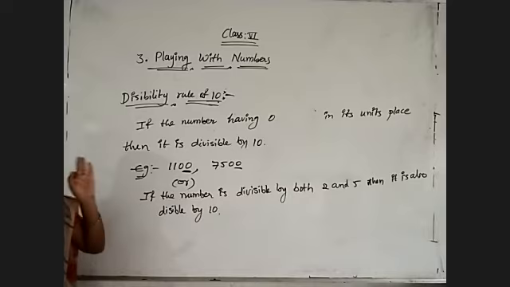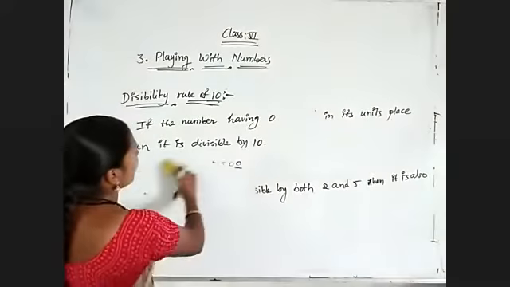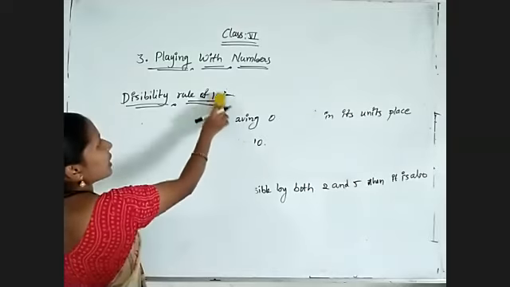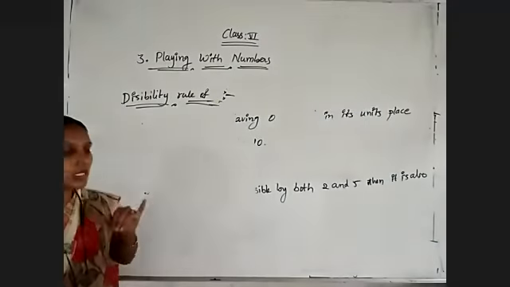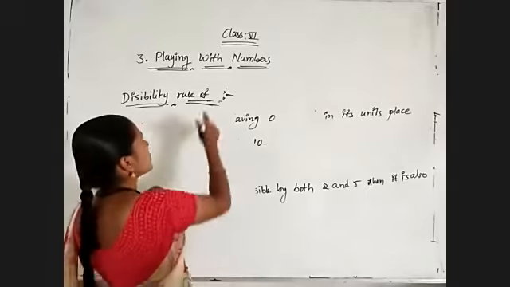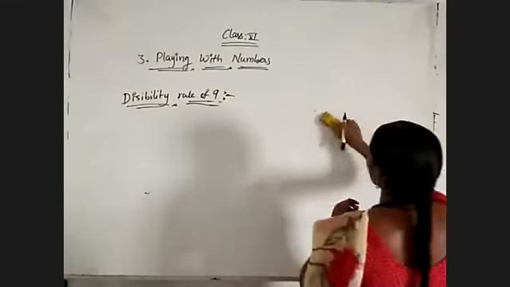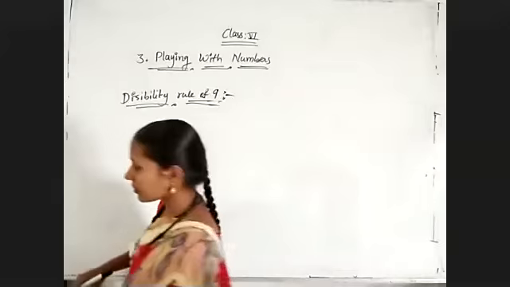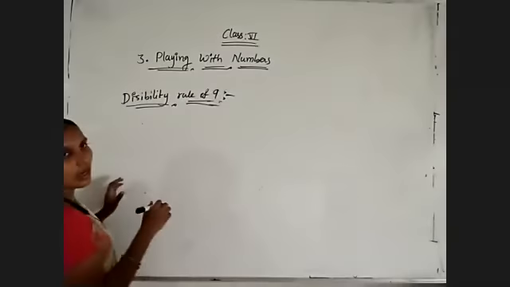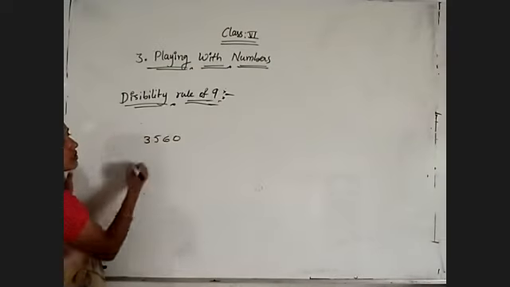Already, at first I told you we are going to learn the divisibility rules of 2, 3, 6, 5, 10, 9. So now the divisibility rule of 9. The divisibility rule of 9 is the same as 3. Now I have 3, 5, 6, 0.